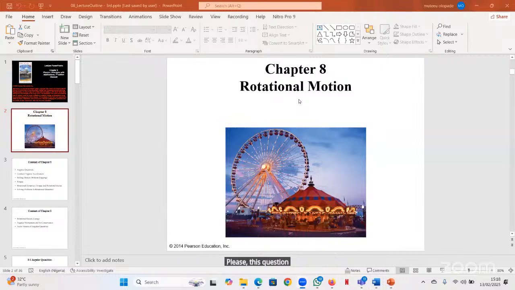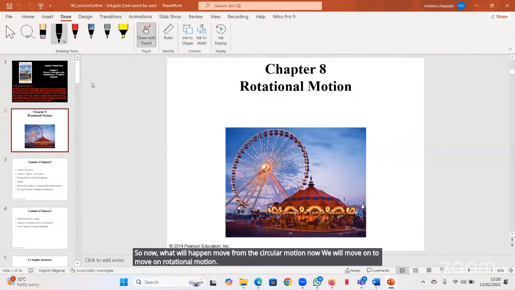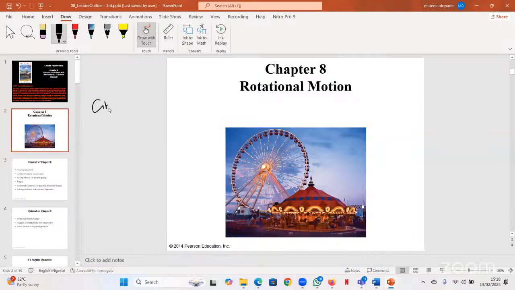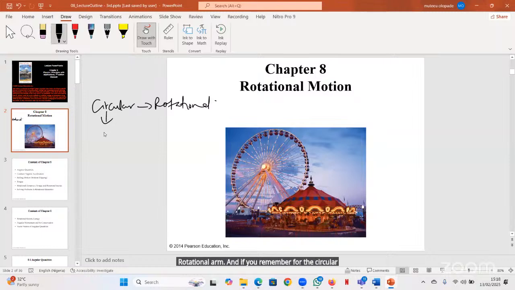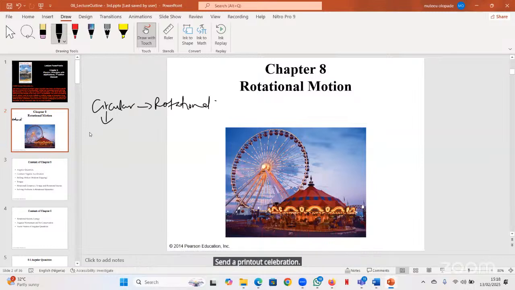So now we move from circular motion to rotational motion. They are almost similar. If you remember, for circular motion, we discussed centripetal force and centripetal acceleration, which led us to velocity.